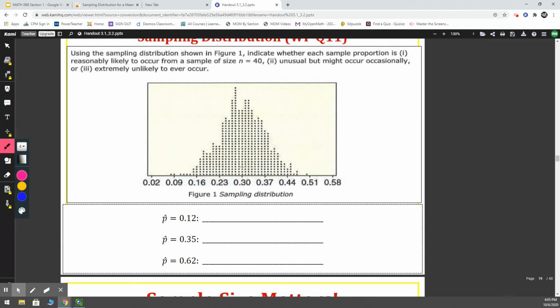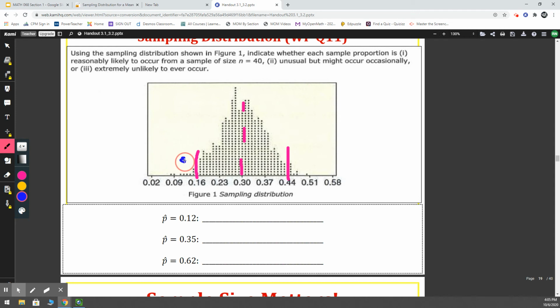If the center is at 0.30, and 2 standard deviations takes me up to 44, and 2 standard deviations takes me down to 16, that means that underneath of here is where most data takes place. So if something falls under here, it's likely. If something falls close to the lines out here, it's unusual. And if something gets really far away, it's pretty unlikely, but it still can happen. So 0.12 is right about here.